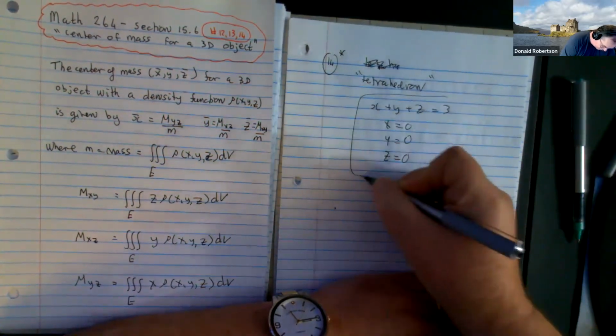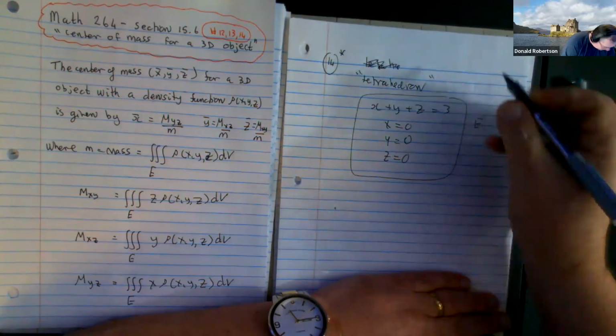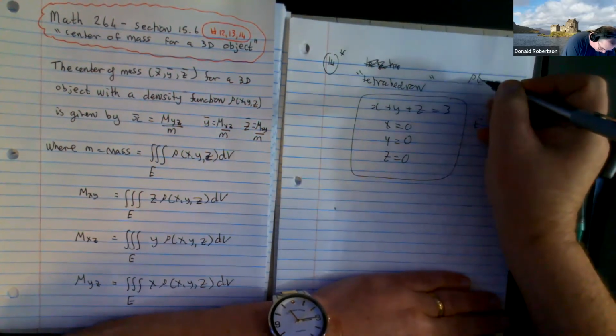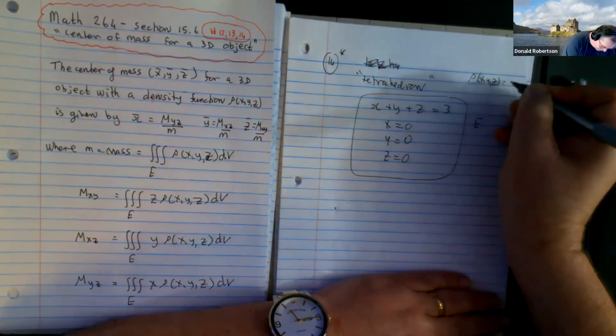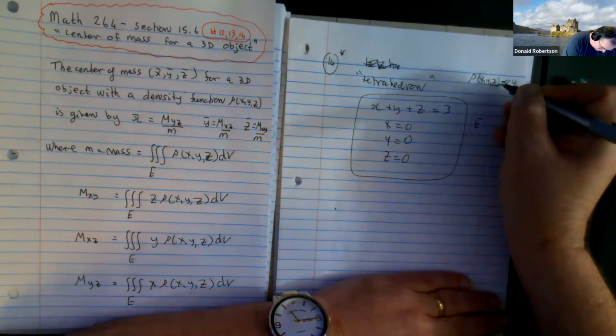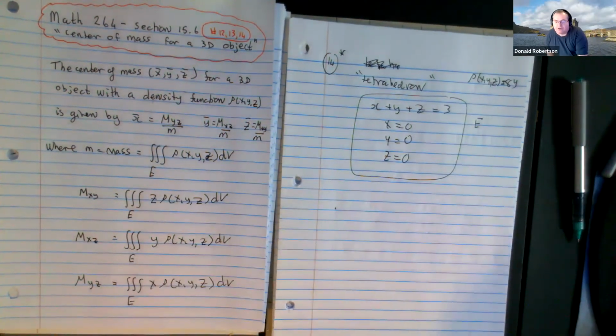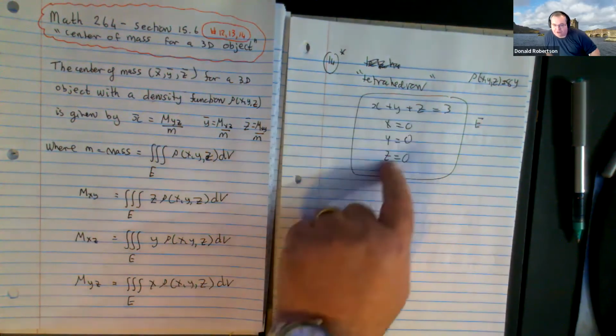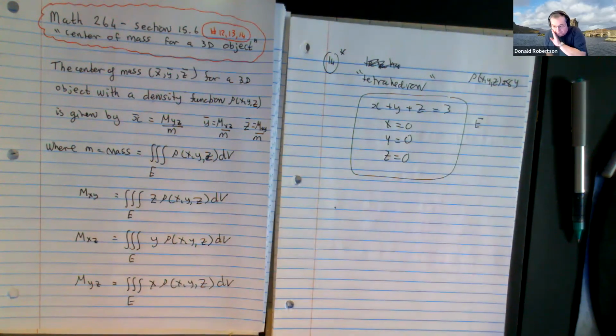So that's essentially the region E. And the density function in this case happens to be 8y. So we're just going to set up what the limits of integration of this shape are going to be.